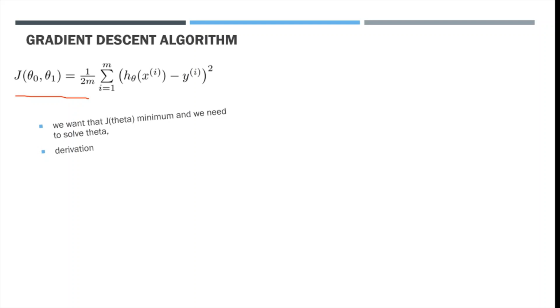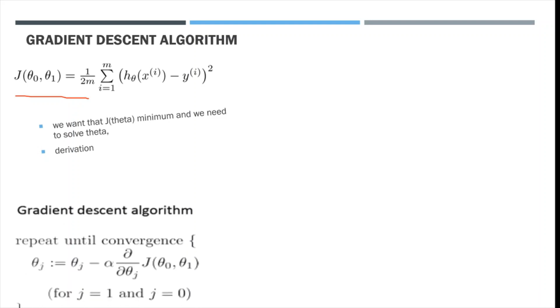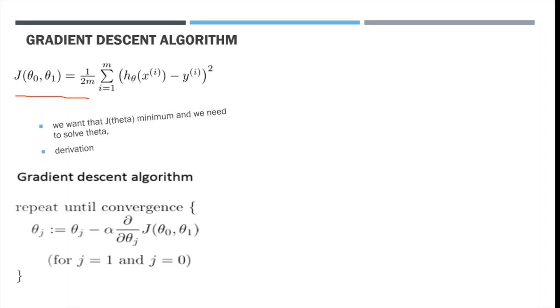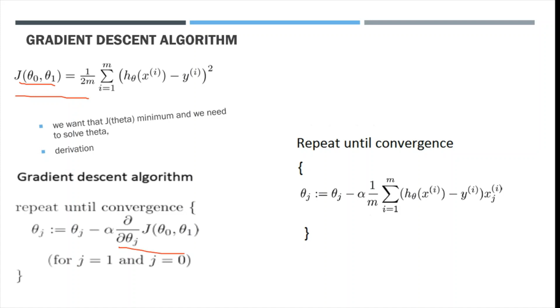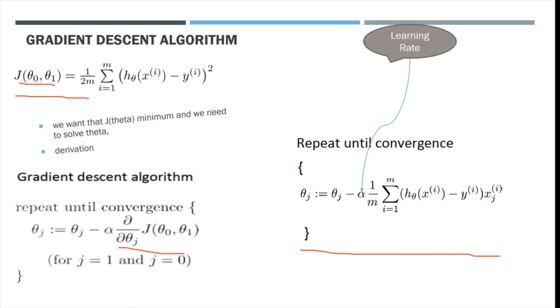So the gradient descent algorithm is: repeat until convergence, theta j equals theta j minus alpha times the partial derivative of this cost function. After doing the partial derivative, we get this as our final output. This is our final gradient descent algorithm, and the alpha there is the learning rate. We'll see what that learning rate is.